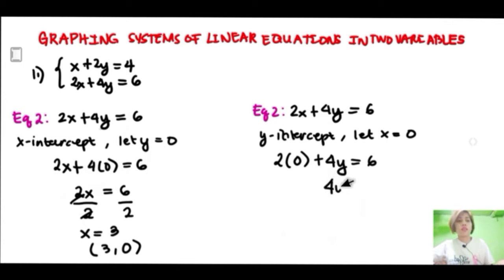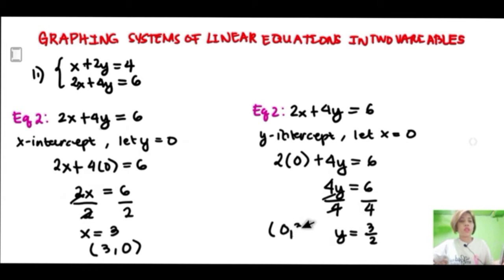And then, ito 4y is equal to 6. And then, divide both sides by 4. So, the lowest term will be 6 divided by 4 is 3 over 2. So, yung atin pong y-intercept or the ordered pair will be 0, 3 over 2. So, ito po yung x and y-intercept for equation number 2, 3, 0, and 0, 3 over 2.